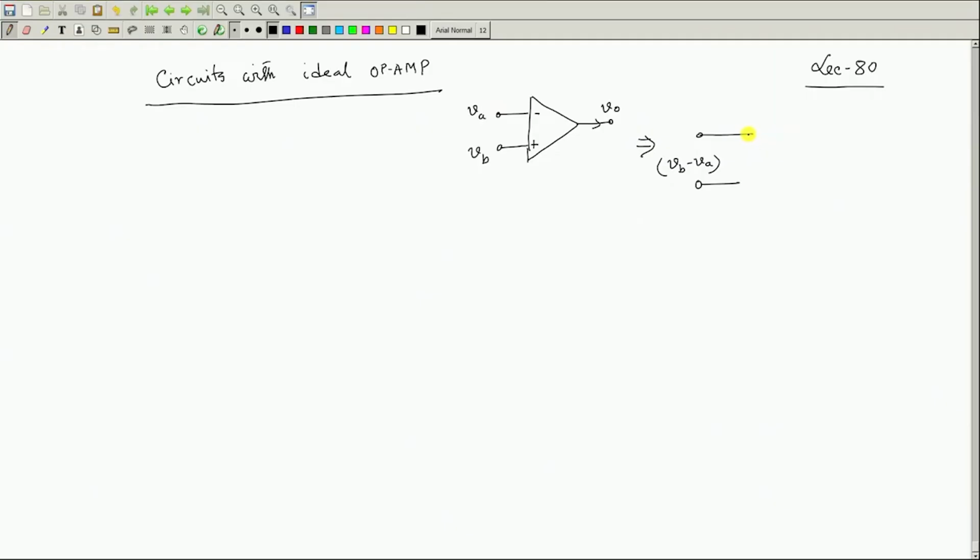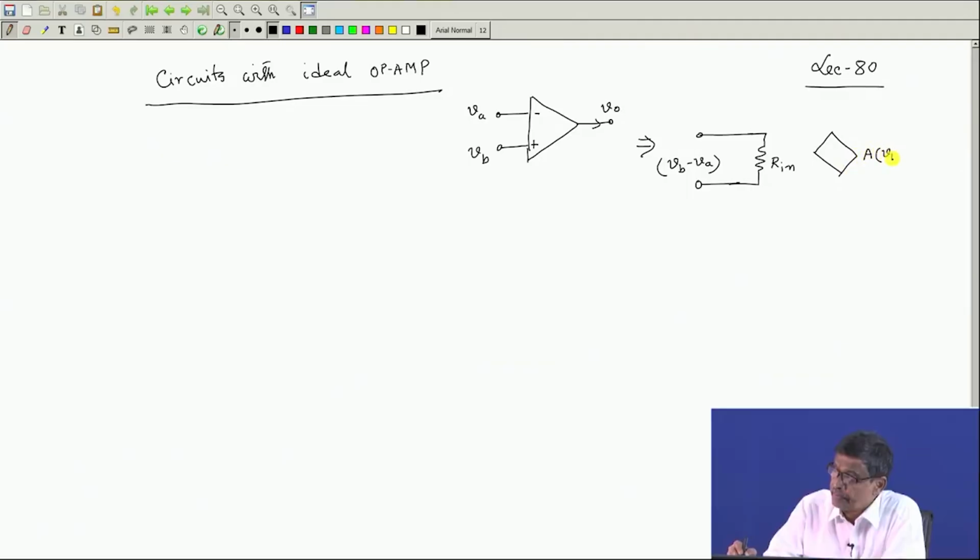In general it can have an input impedance, and the output will be the amplified signal A times VB minus VA, and there may be an output resistance also.